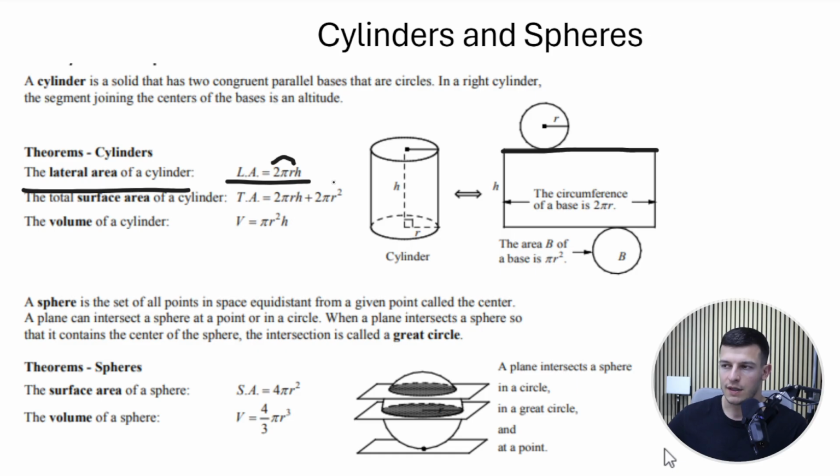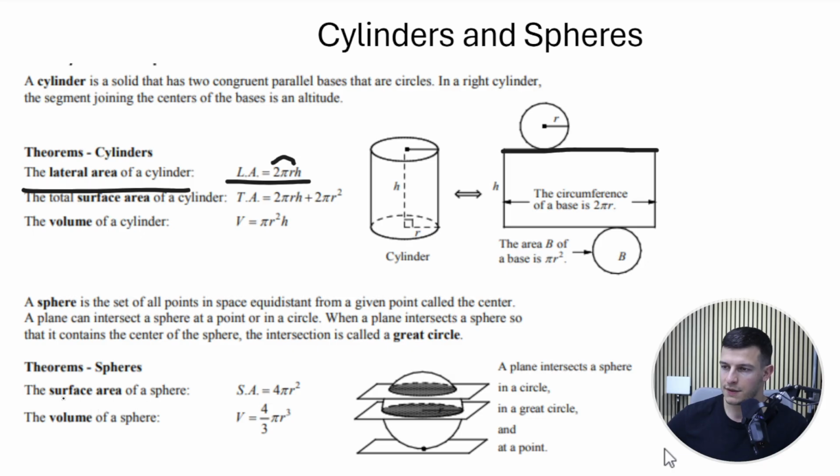Total surface area is again the surface area of the rectangle, which is 2 pi r h plus 2 pi r square. Why 2 pi r square? Because the bottom is a circle and the top is a circle. So that means pi r square each. That's 2 pi r square. And the volume is again the area of the base times height, which is pi r square times height.